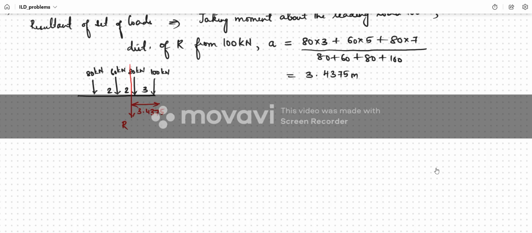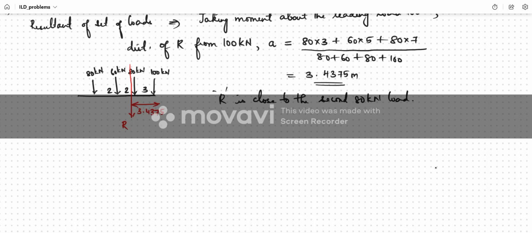Now you can observe that your resultant is very close to the second 80 kilonewton load, isn't it? So it shows that the maximum moment is likely to occur under this 80 kilonewton load. So what you have to check next is that the resultant is close to the second 80 kilonewton load.